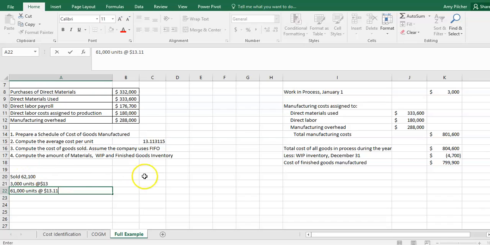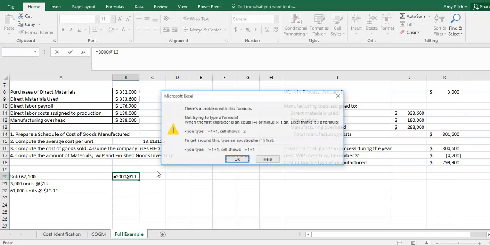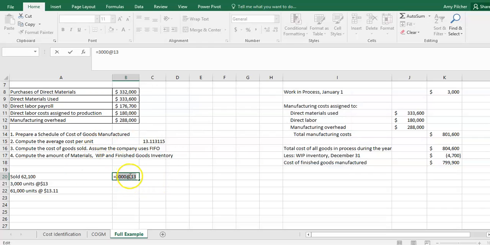So of that 62,000, we sold 3,000 at $13. So 3,000 times 13.